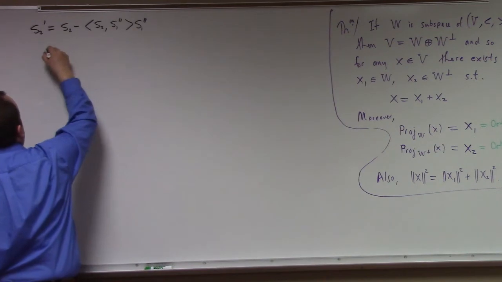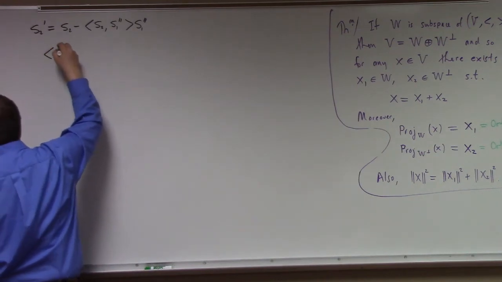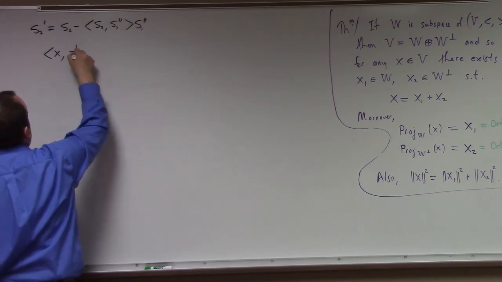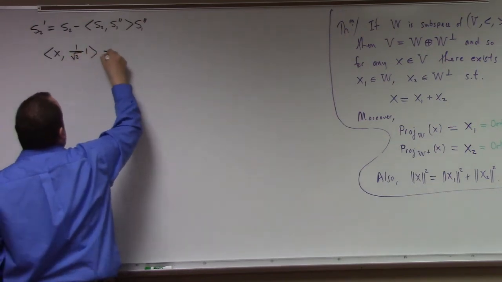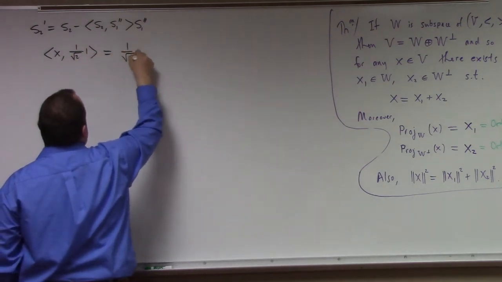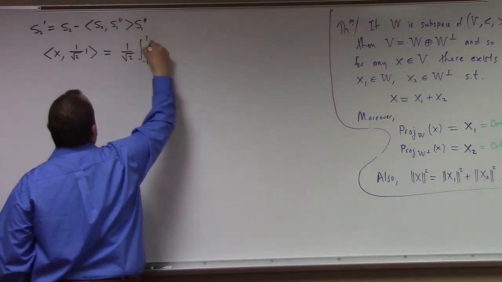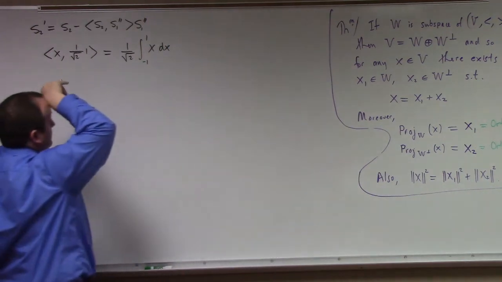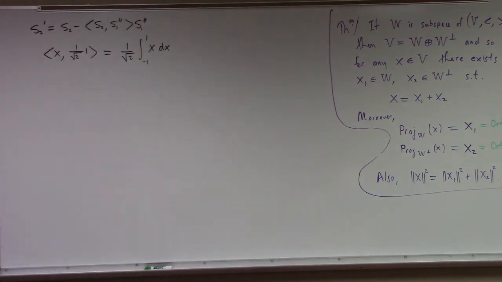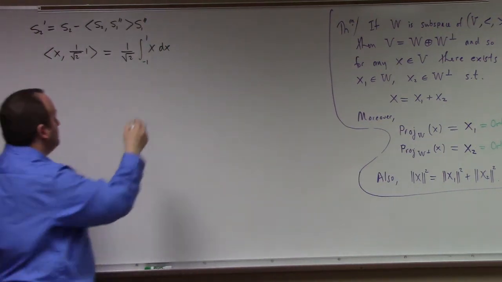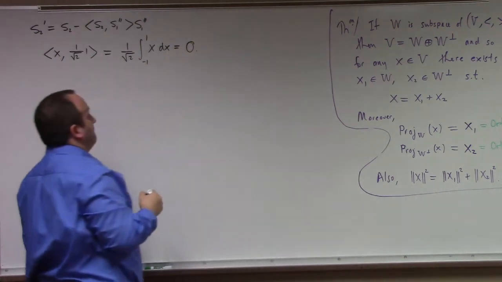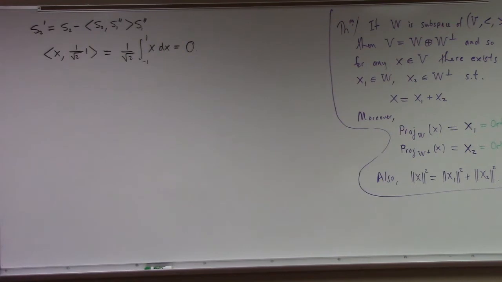This means I need to calculate the inner product of, well, my S2 was x, and my S1 prime prime is 1 over root 2 times 1. So this is 1 over the square root of 2, the integral from minus 1 to 1 of x dx. What's that give us? 0, I think.